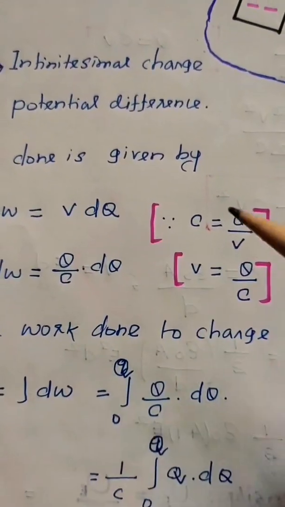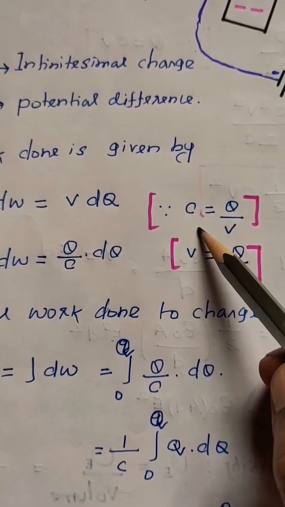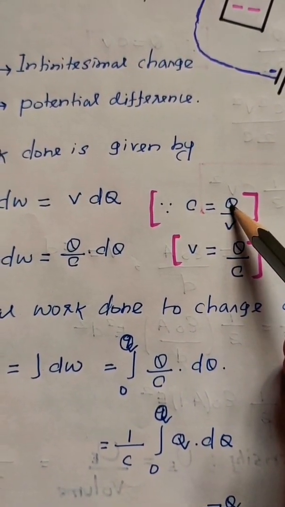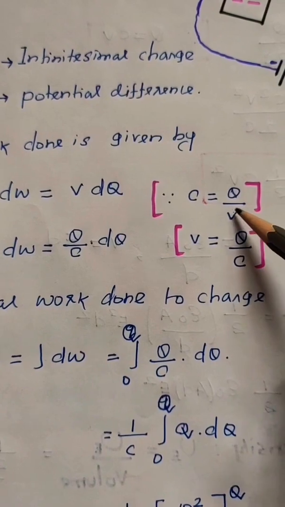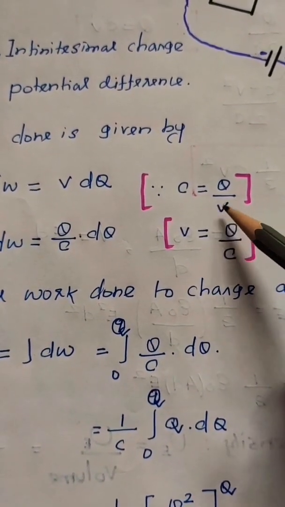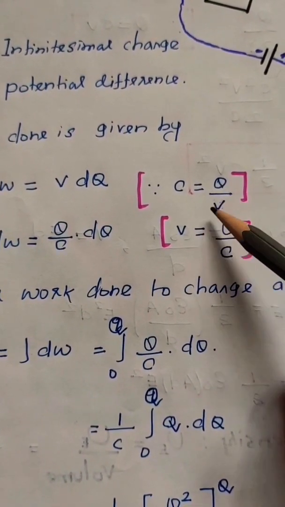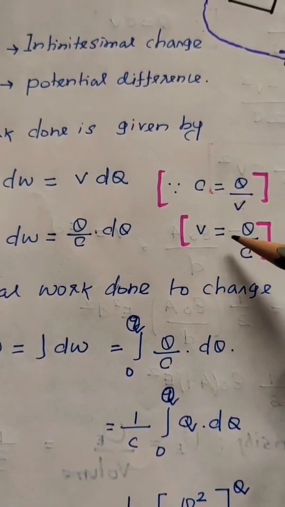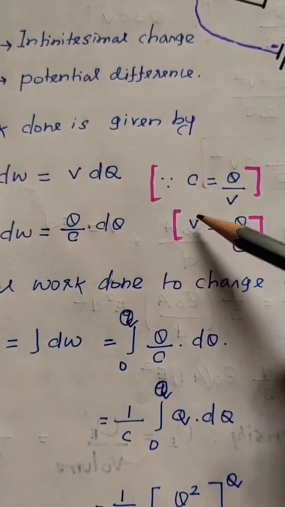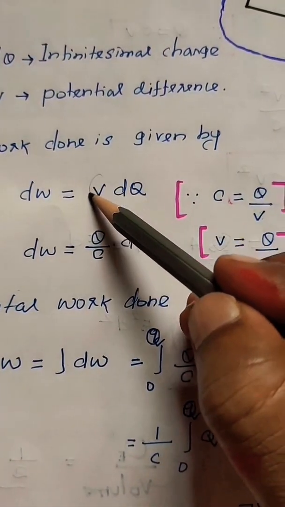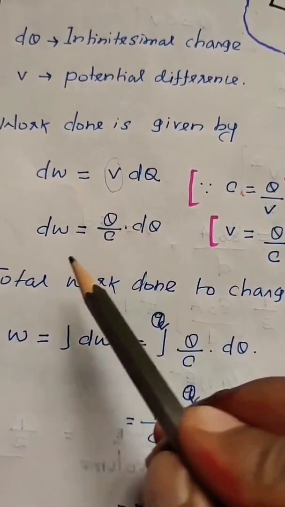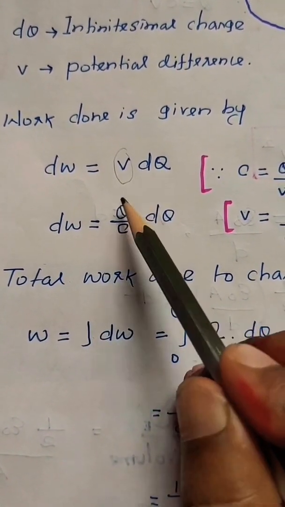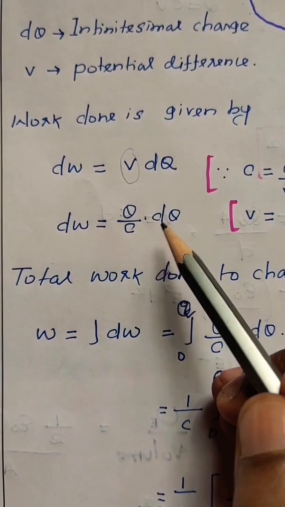We already know the capacitance formula C equal to Q by V, charge per potential difference. We modify the equation C equal to Q by V as V equal to Q by C. So we can substitute the value of V, and the small amount of work done is dW equal to Q by C into dQ.